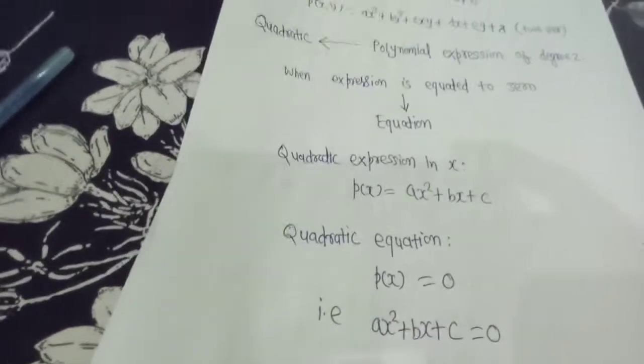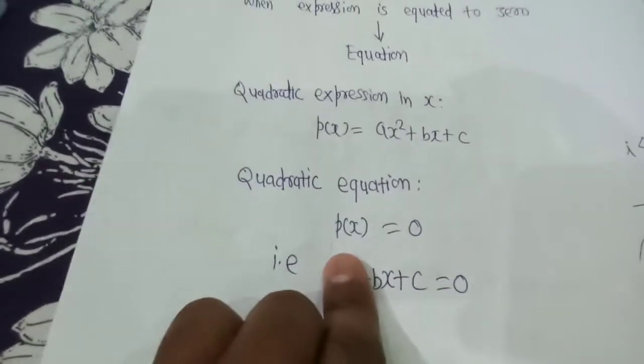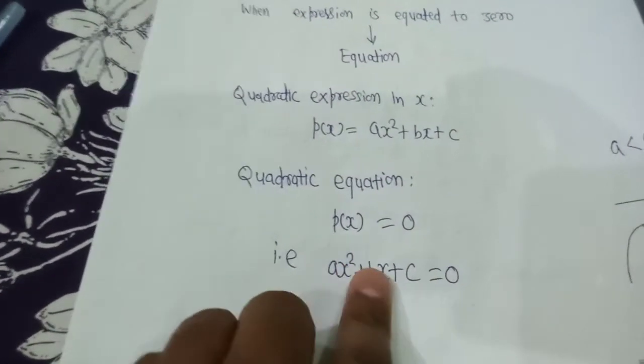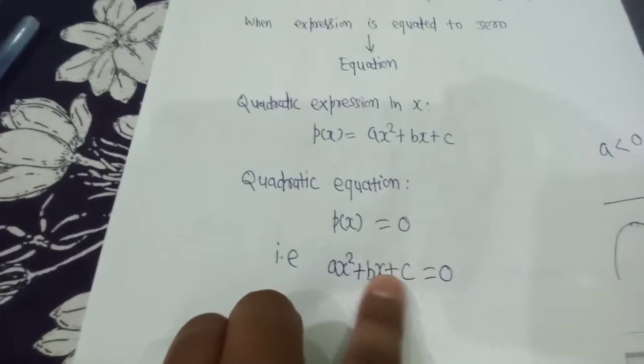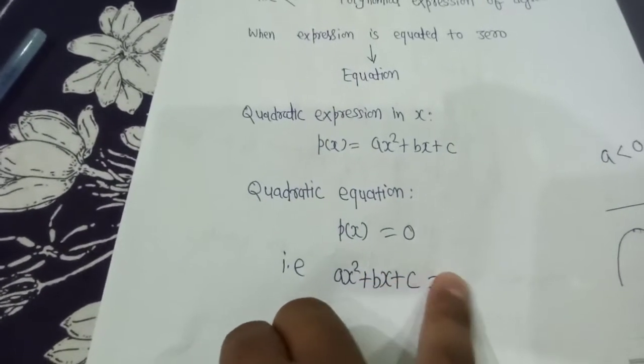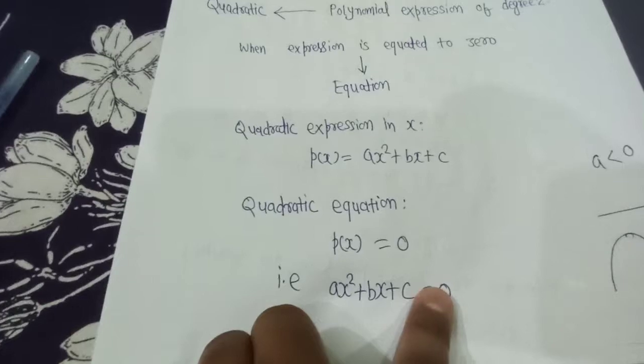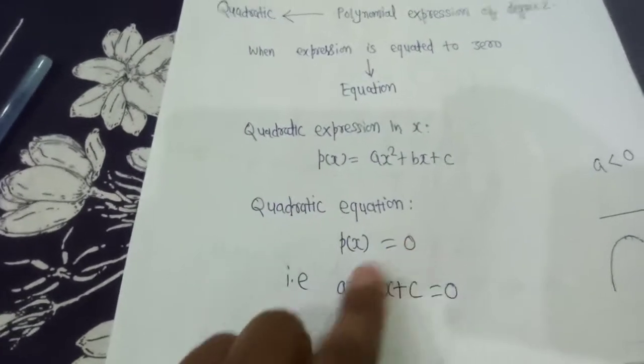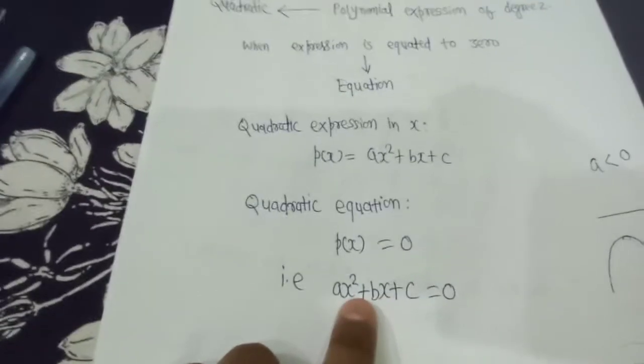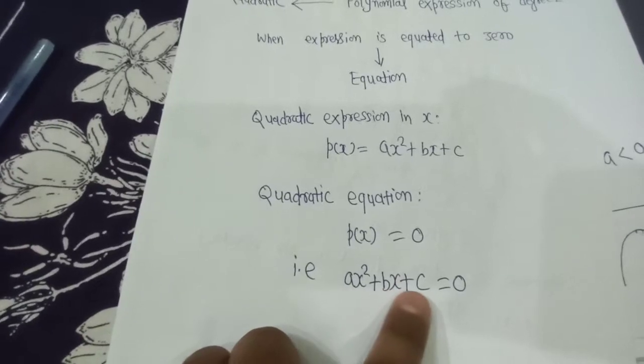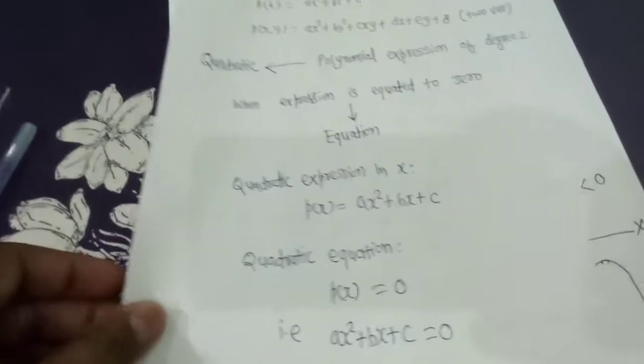Obviously, a should not be equal to 0, because when a equals 0, this term will vanish and this will become a linear equation. So a quadratic equation in general is of the form ax square plus bx plus c equals 0.